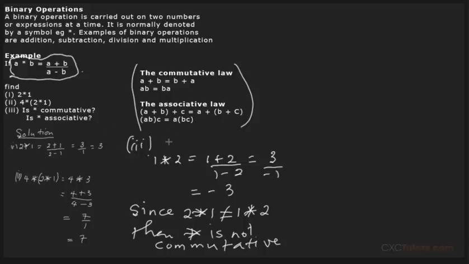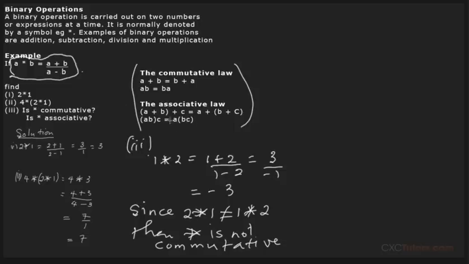Now, is star associative? We need 3 numbers to test the associative property. We know the value of 4 star 2 star 3. If you look at the associative law, it says A times B in brackets times C on the outside must be equal to A on the outside times BC. We realize that 4 star 2 star 3 looks like the right hand side of the associative law.